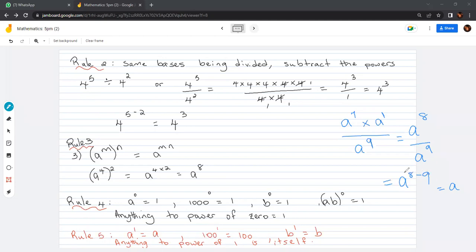The rule is once you have two different signs, you subtract and keep the sign of the larger. So 8 minus 9 will be negative 1. So we're seeing that we have negative powers.